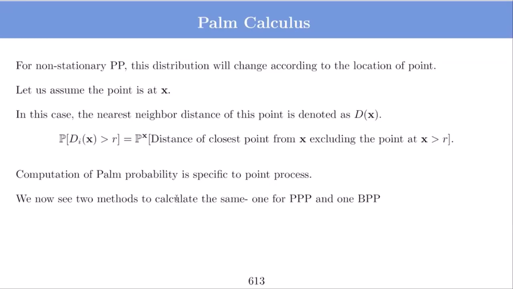We will now see two methods to calculate the same, one for the Poisson point process, another for the binomial point process. There is not exactly one method which works for all. You have to see the point process and its characteristics, and then see how you can calculate a particular Palm probability.